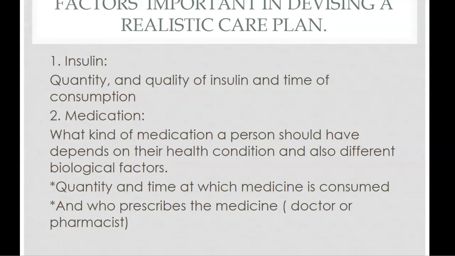Then the medication: what kind of medication a person should have depends on their health and also different biological factors. The quantity and time at which medicine is consumed is very crucial. And who prescribes the medicine, a doctor or a pharmacist?